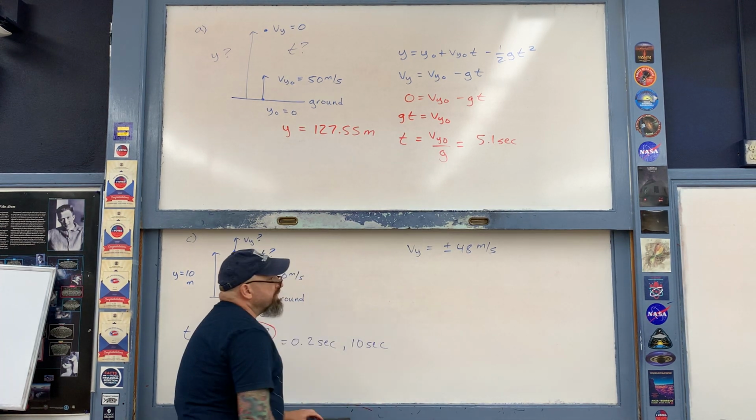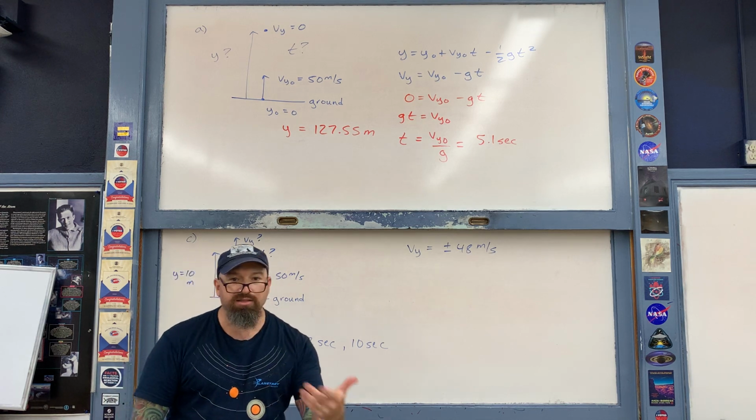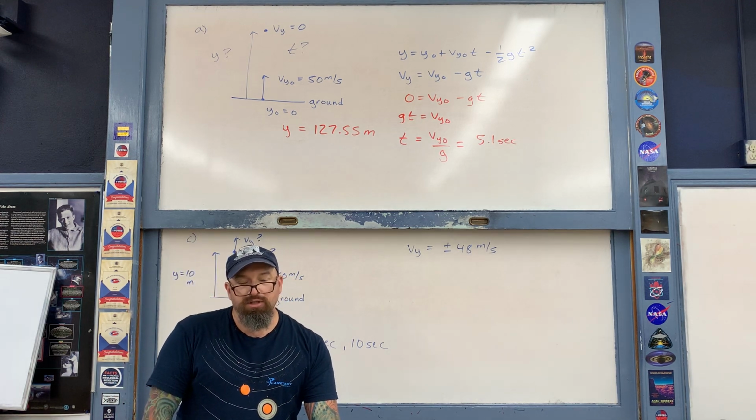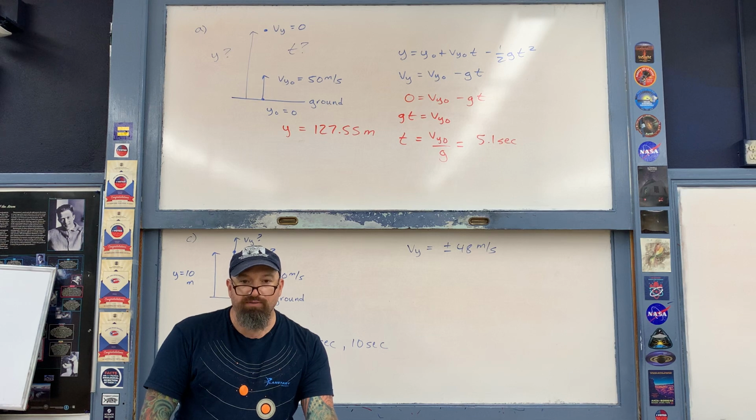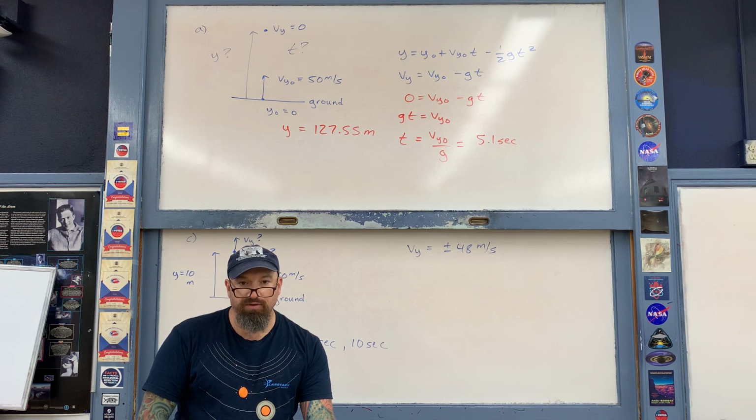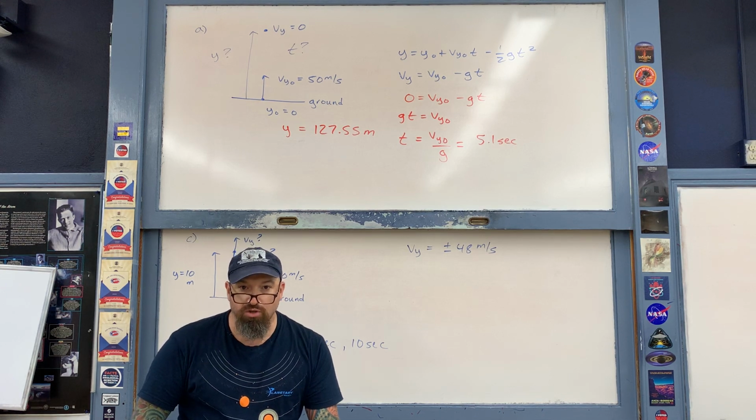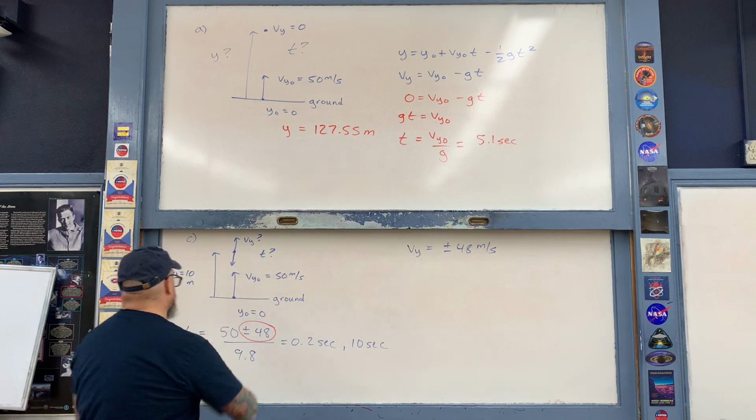Okay, obviously over the course of this problem, I've been hinting at symmetry as I go. So the last thing I want to do here is graph out the velocity and the position as a function of time for this problem to show all the symmetry that occurs.